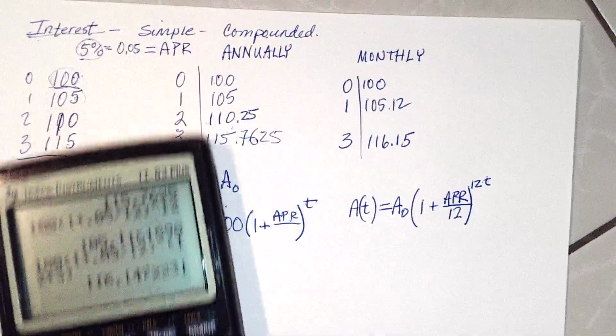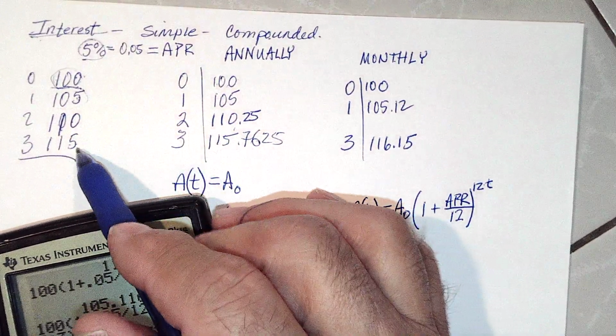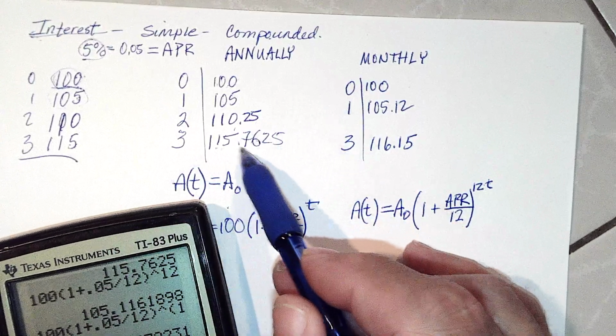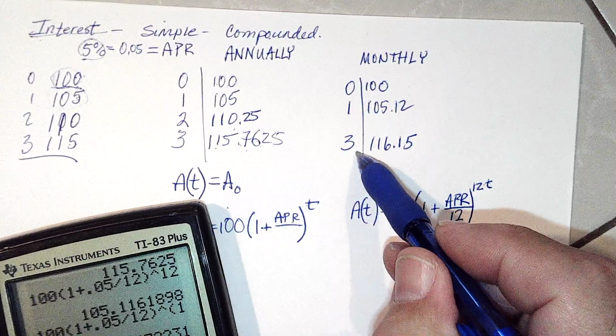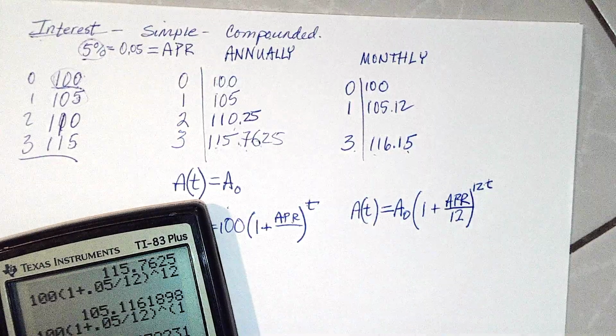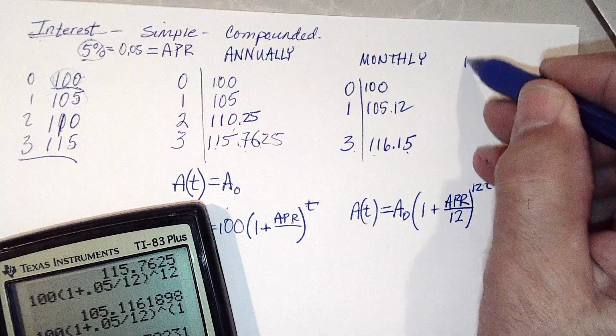So now you see I've gone from 115 in simple interest, compounded annually, I went to 115 and 76 cents, and monthly I'm at 116.15. So what if we did it daily?